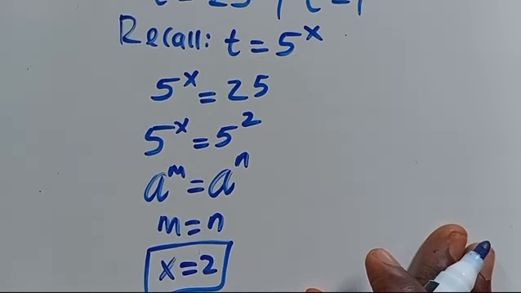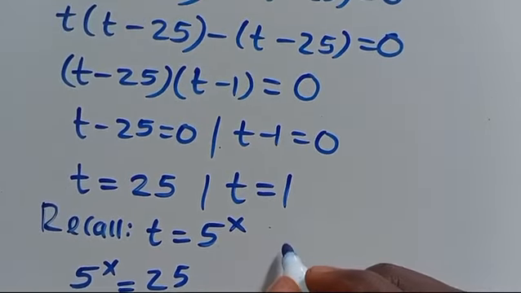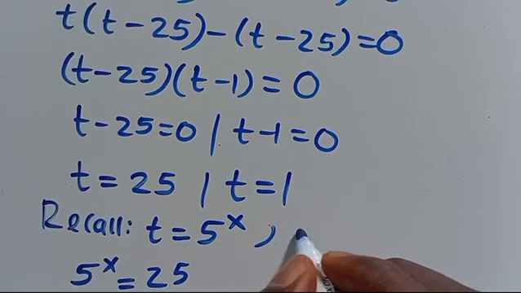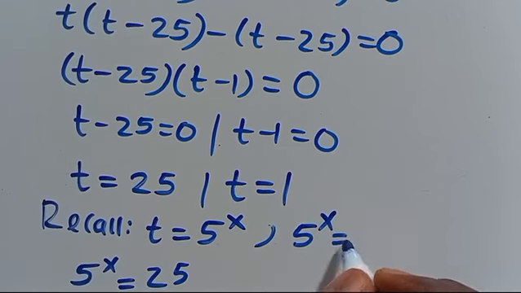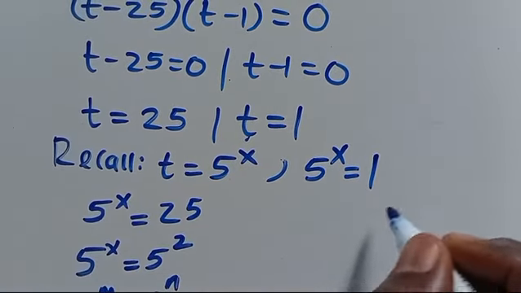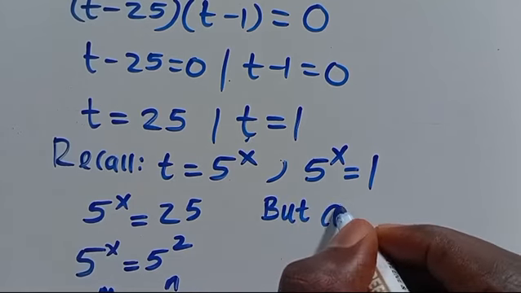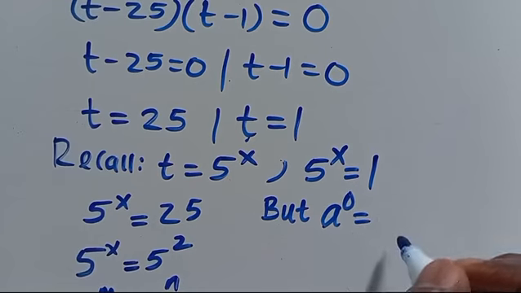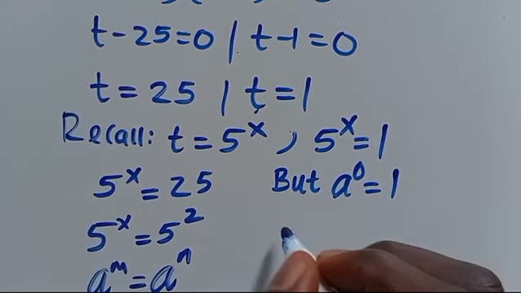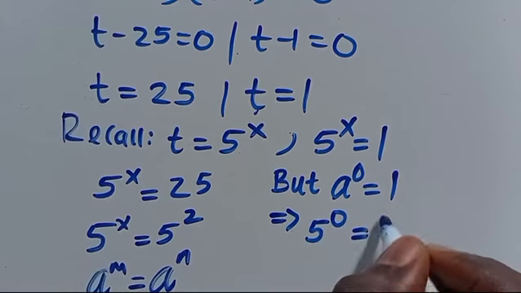Then likewise, if you are to recall, 5 to the power of x equals t and t equals 1, but a to the power of 0 equals 1. This implies 5 to the power of 0 always equals 1.